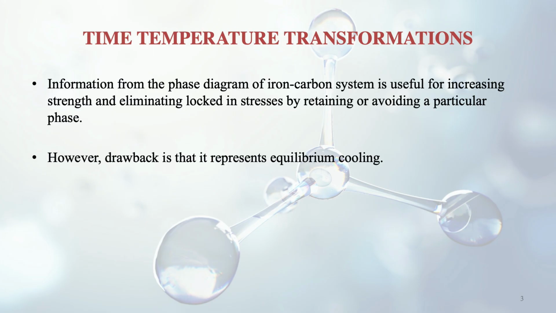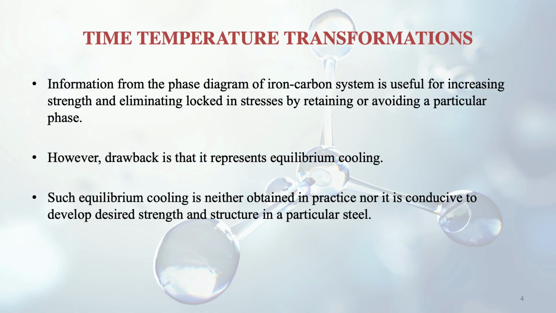Now why are we using the time temperature transformation diagram? The main drawback of the iron carbon phase diagram was that it represents only the equilibrium cooling. That means we are considering the phase changes in the equilibrium position, meaning they are going very slowly. The cooling rate is supposed to be constant, but in reality the cooling rate varies.